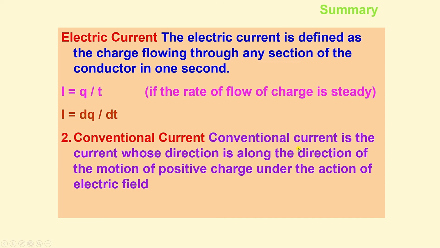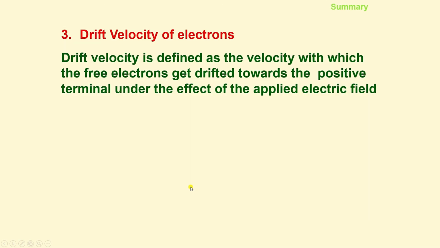What about conventional current? Conventional current is a current whose direction is along the direction of motion of positive charge under the action of an electric field.